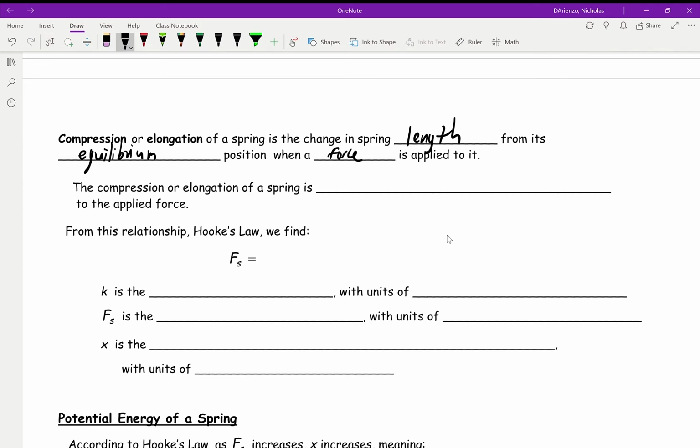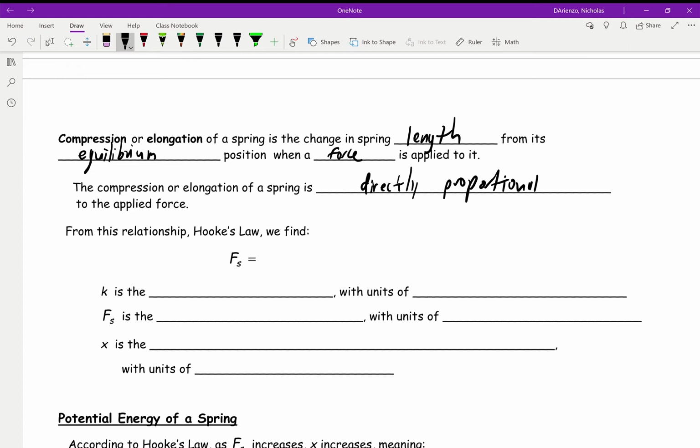And this amount of compression or elongation of the spring is directly proportional to the force. So the more force that we apply, the greater the compression or elongation of the spring, which should hopefully make a little sense. And from that relationship between the elongation or compression and the force, this is what we call Hooke's law.